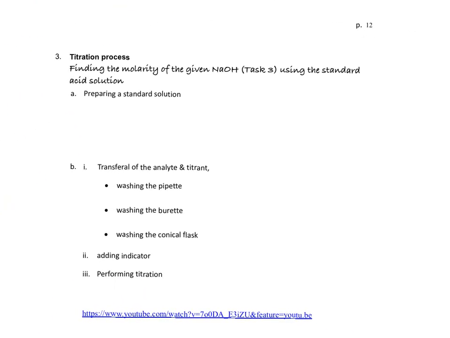Now, in the previous video, we know that sodium hydroxide is not a good primary standard. And if we have a reagent bottle containing sodium hydroxide, we can determine its concentration by standardizing it with a standard acid solution.